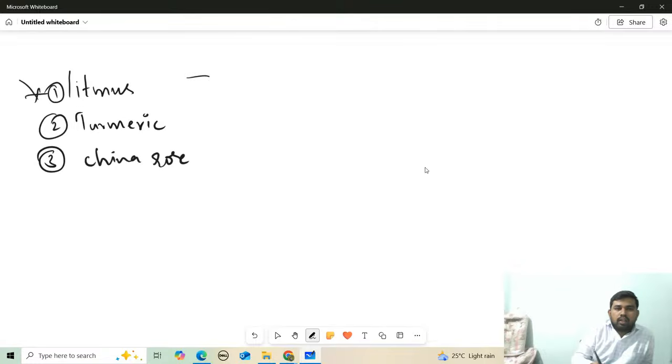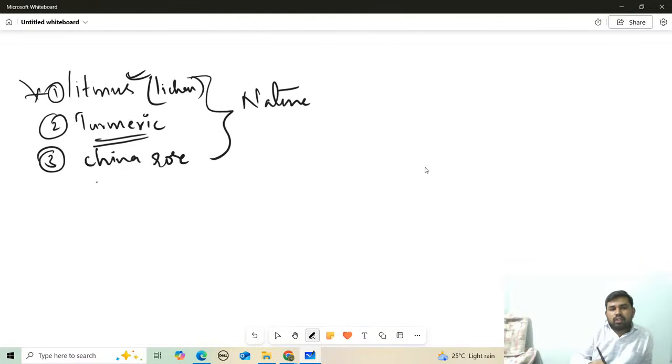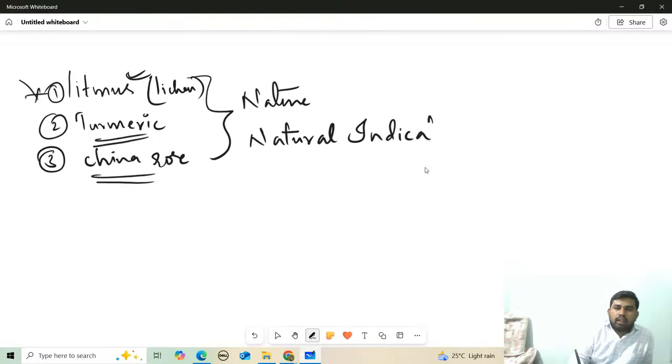These three are taken from nature. Litmus is extracted from the lichen plant, turmeric is a powder, and China rose is a flower. That is why these are called natural indicators, which are taken from nature.